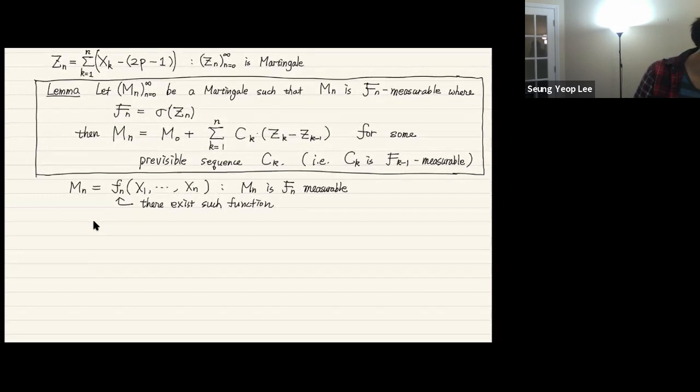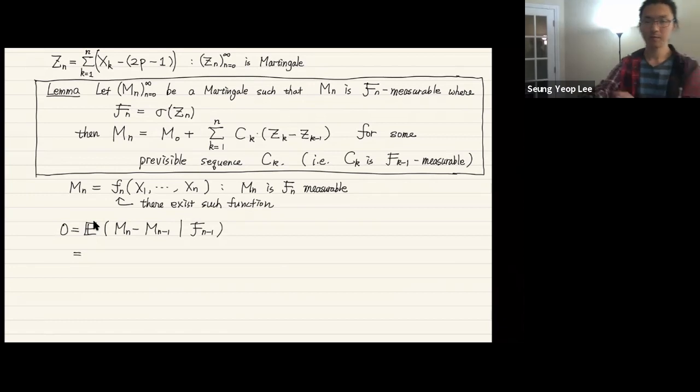Okay, so what we want to do is, using the martingale property, Mn minus Mn minus 1, with conditional probability, has to be 0. So Fn, its conditional probability with Fn minus 1, meaning x1 to xn minus 1.